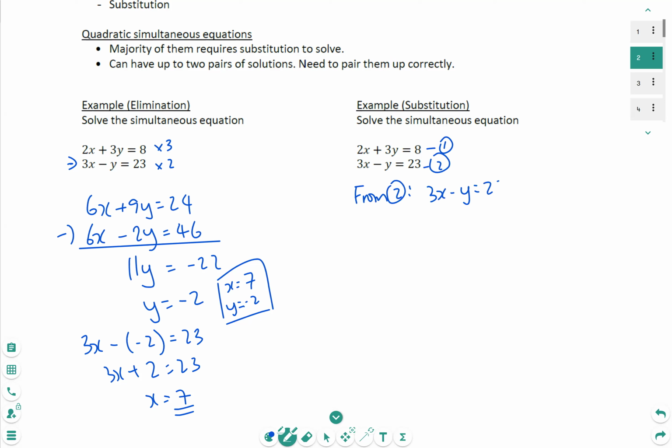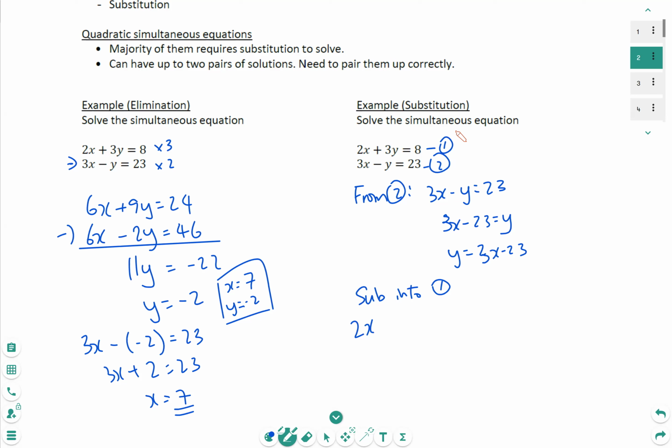So I'm going to copy equation 2, but this time I'm going to make y the subject. Bring y to the right side, so 3x, and bring 23 to the left side. The convention is to put the subject, the variable, on the left-hand side. So I'll rewrite as y equals 3x minus 23. Then I will substitute this into equation 1.